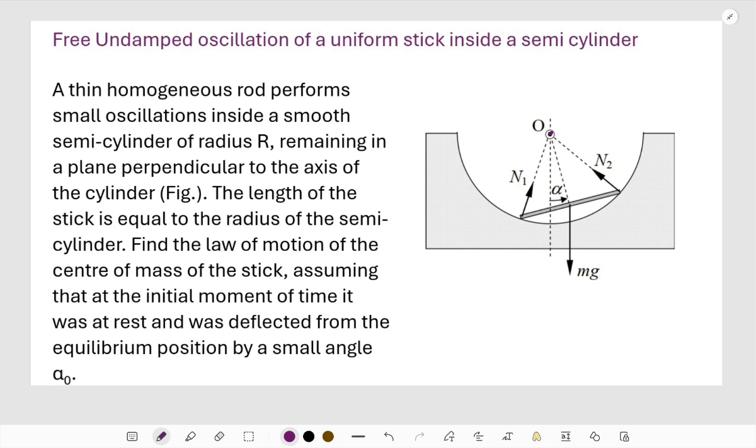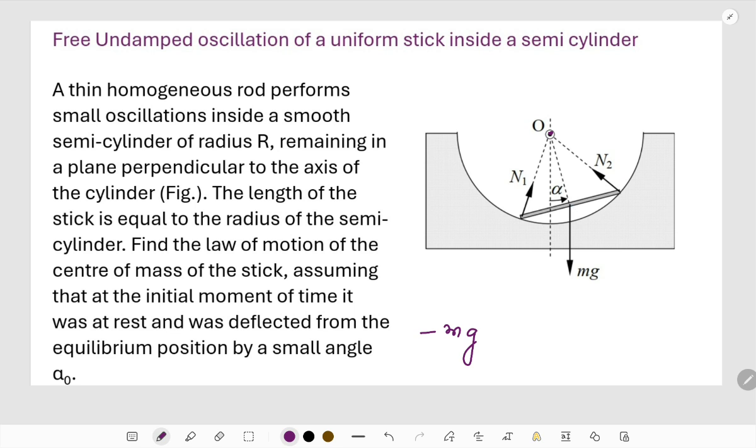So we would like to write its torque as restoring torque, that will be minus mg, and its moment arm we would like to write as L sine alpha.